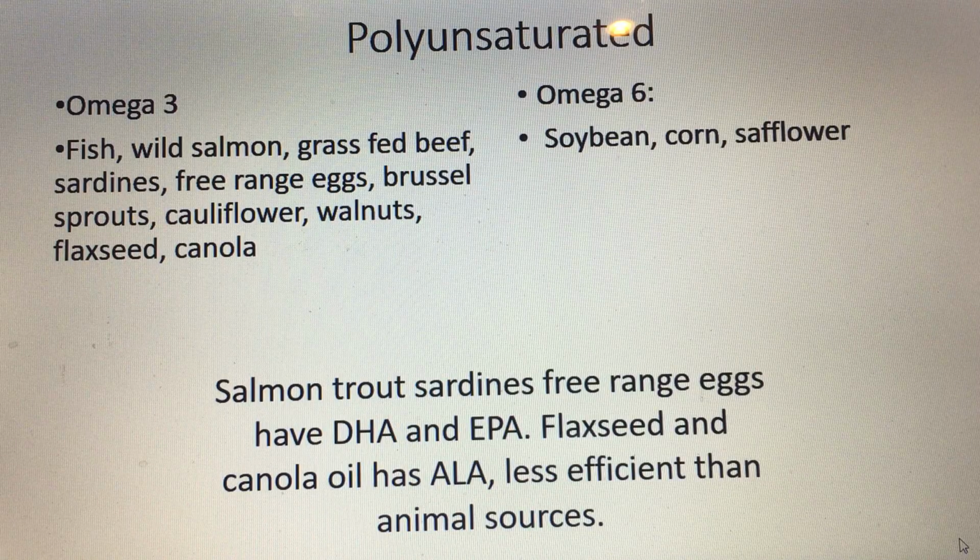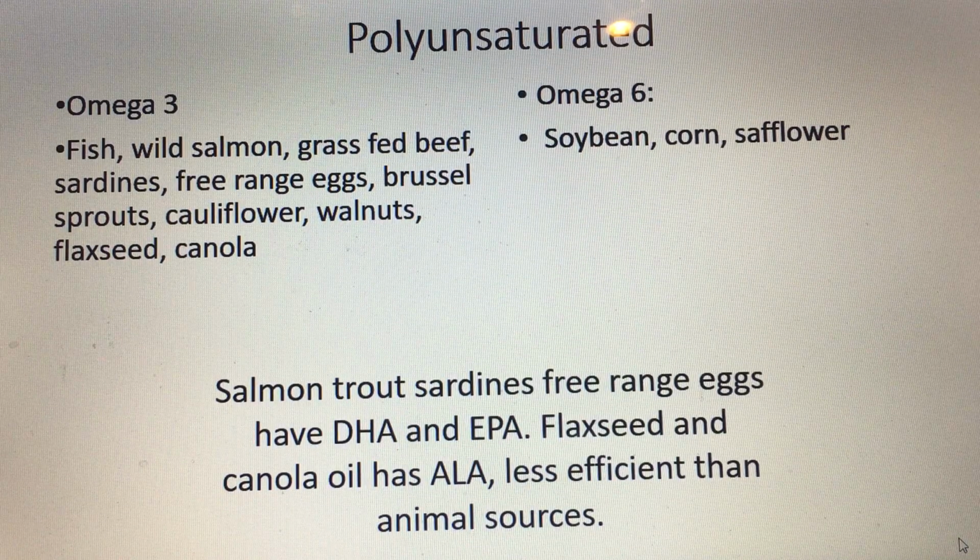The reason free-range eggs have it is because those chickens are eating bugs and things. They're eating animals, so they get that DHA and EPA. Flaxseed and canola oil has ALA, that's a less efficient source than animal sources. Remember, the conversion rate's not very good.